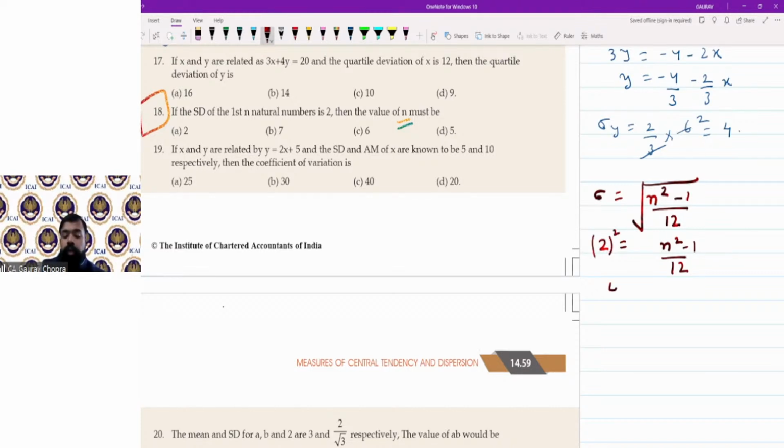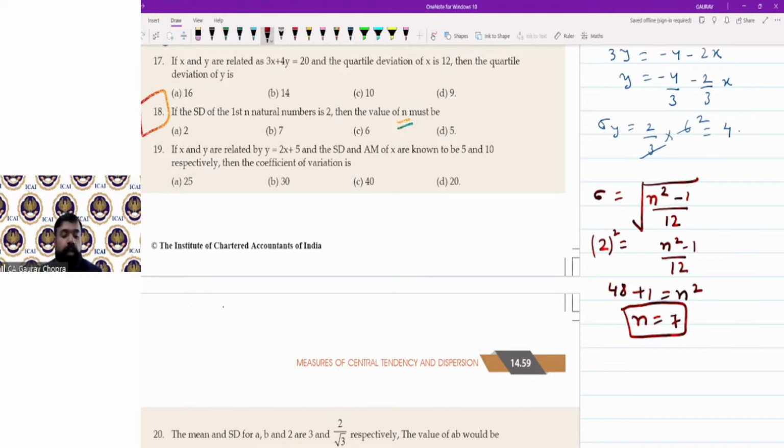On cross multiplication, 48 plus 1 is equal to n square. So from here we will get n as 7. The number of observations will be 7. Option number B is correct. Surya Kumari has given option A, but A is an incorrect answer. The correct one will be option number B, 7.